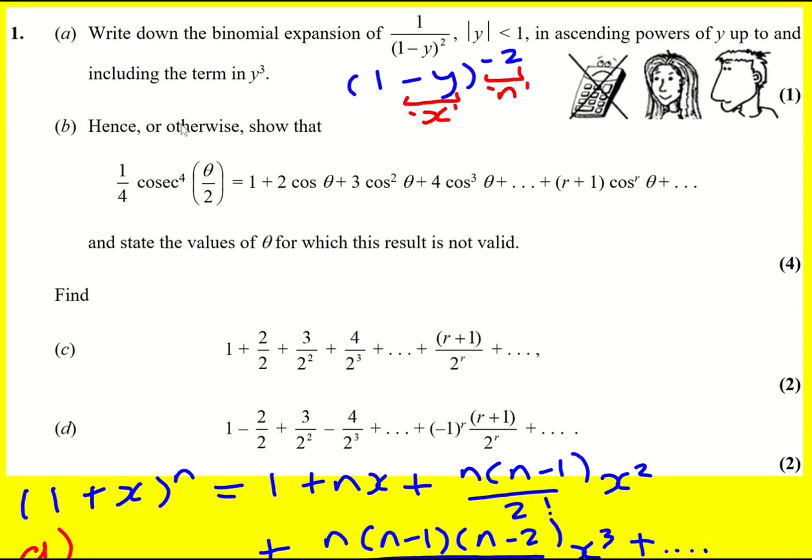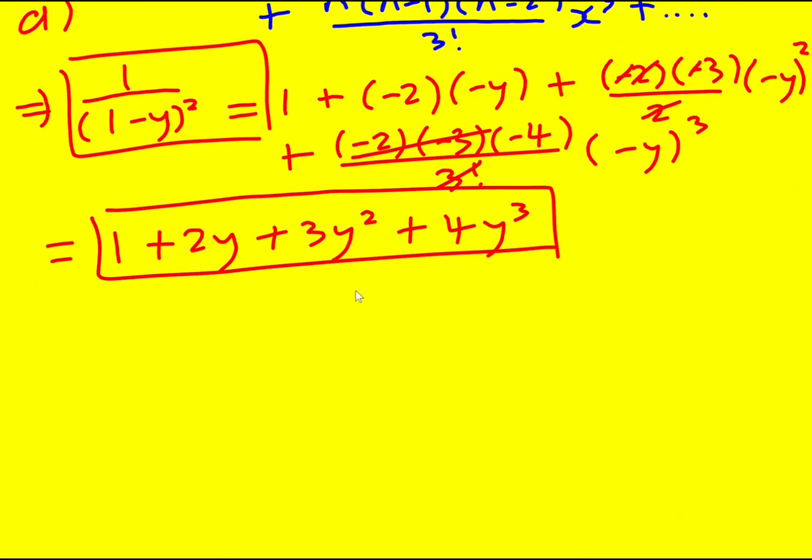In part B, it says hence or otherwise show that this is true. And the hence kind of means we can use part A to help us. We just need to get the left-hand side in the form 1 over (1 − y) all squared, and it doesn't look anywhere near that at the moment.